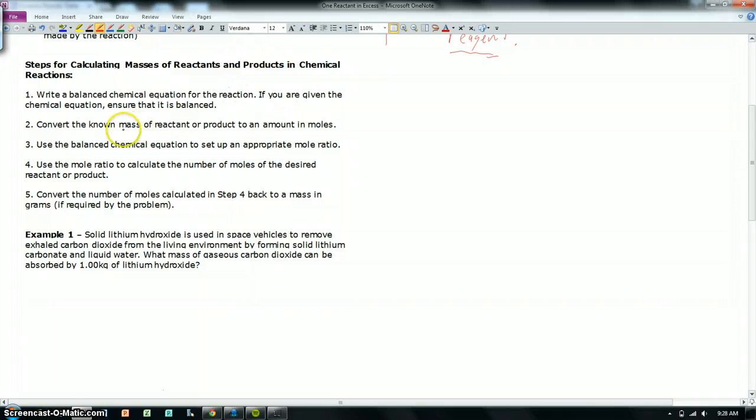So we need to know, based on the number of molecules or the mass that we're given, we need to convert that into moles. Then use the balanced mole ratios to determine how many moles of your product you have in comparison to your reactants. And then you can take that moles of your product and calculate the mass of your final products.